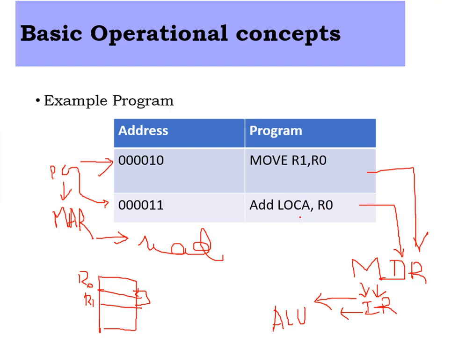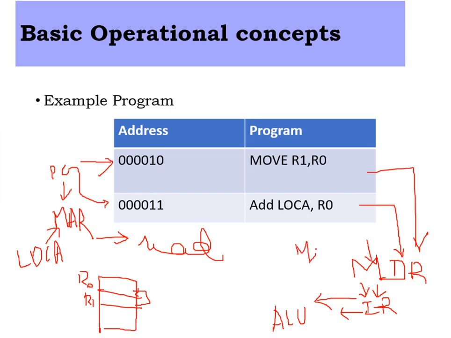So now it comes to fetch the operand from the memory, that is data from the data memory. Therefore the LOCA address will be copied to the memory address register. LOCA is the address of the memory. Again the read control signal is issued. The data that is available in the LOCA memory location will be copied to the MDR.